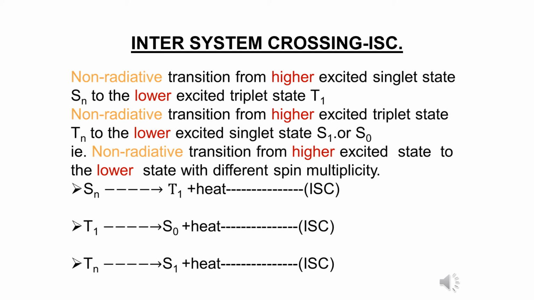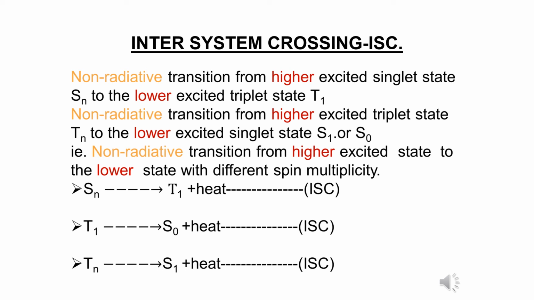Now non-radiative transition from higher excited singlet state to the lower excited triplet state T1, that is ISC. Or non-radiative transition from higher excited triplet state Tn to the lower excited state S1 or S0, that is also ISC, intersystem crossing. So simply it is non-radiative transition from higher excited state to the lower state with different spin multiplicity.